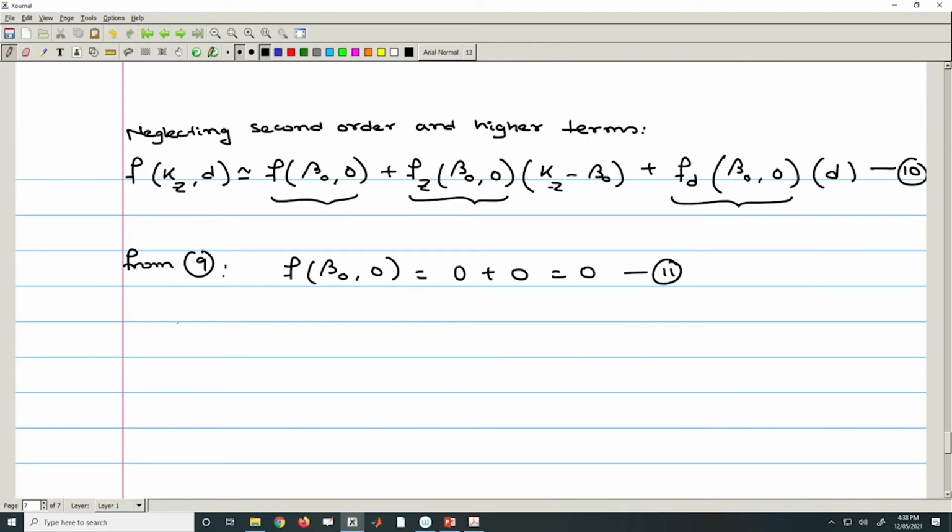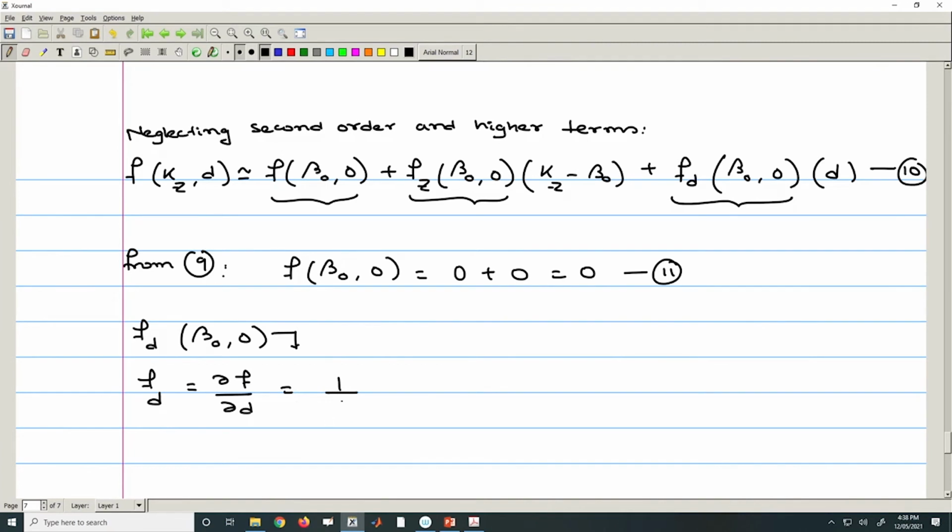Now, we will find out f_d at (beta naught, 0). For this we need to find out first f_d, which is del f del d. So, we will differentiate equation number 9 with respect to d.